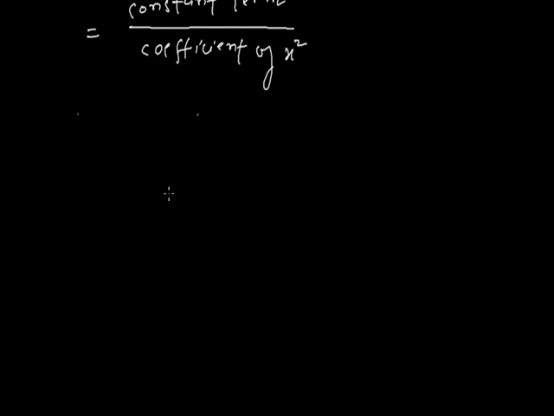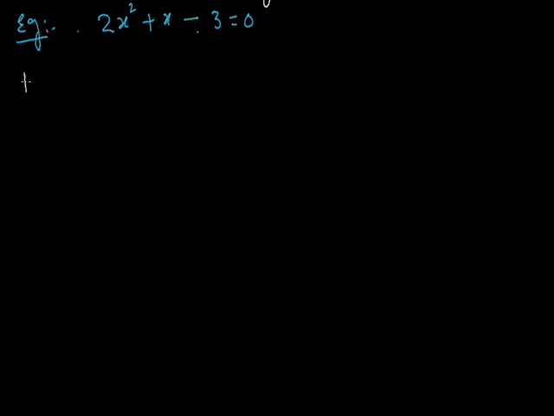Let us take an example. Let us take a quadratic equation 2x² + x − 3 = 0. Here we see that a is 2, b is 1, and c is −3.